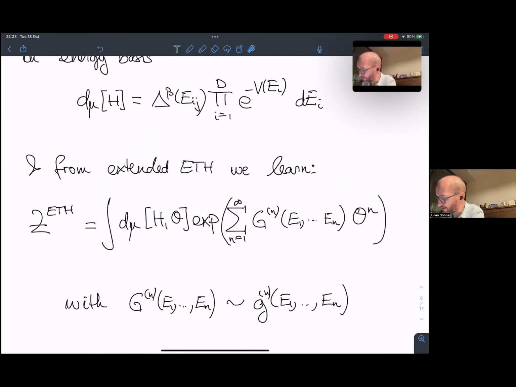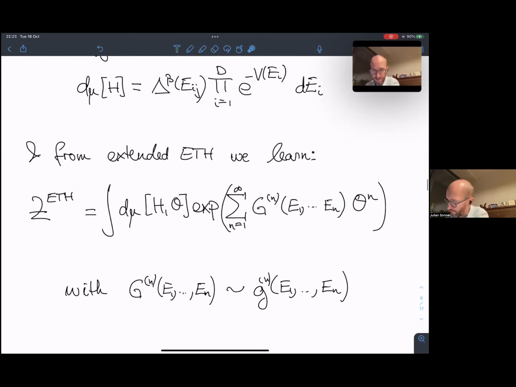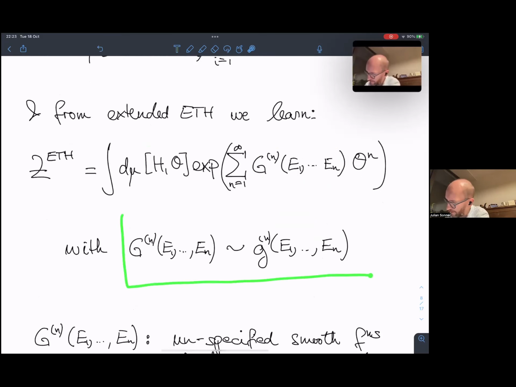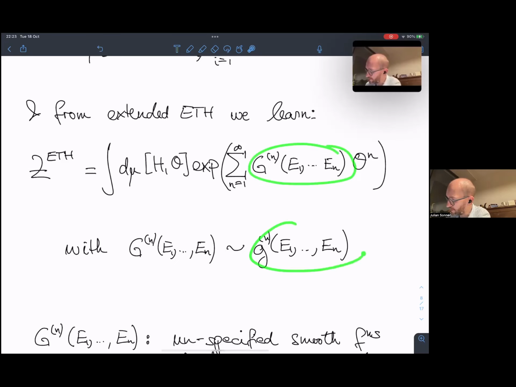So that's going to be O to the n with some suitable index contraction and some smooth function of the energy eigenvalues E_1 up to E_n, where in fact those capital G_n's are related to the little g_n's that I had earlier. So these are basically the vertices that generate those correlations.